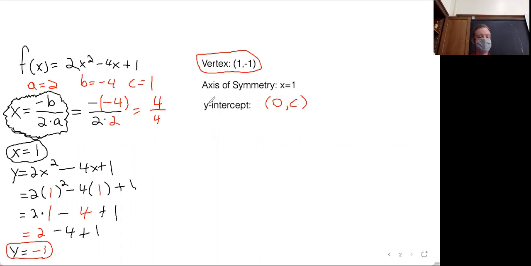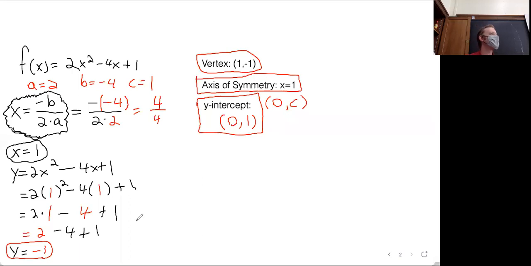And in this case, we see that c is equal to +1, which means my y-intercept is going to be the point 0, 1, like so.